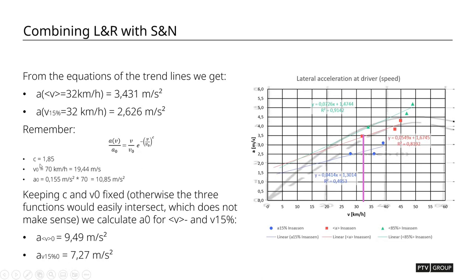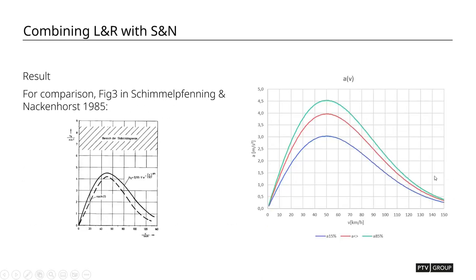That's the first thing. And second, from the functional form, it would easily happen that these functions intersect again, and then the 15% drivers are once more faster than the 85% drivers, which is of course nonsense. It's not only unrealistic, it's really nonsense. And scaling only the A0 is possible because it's just a general scaling factor.